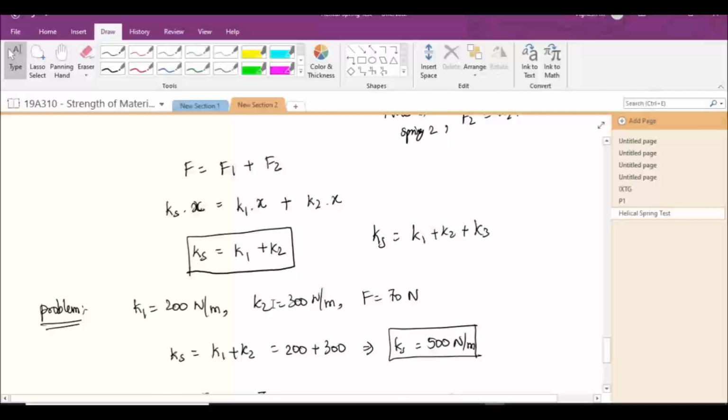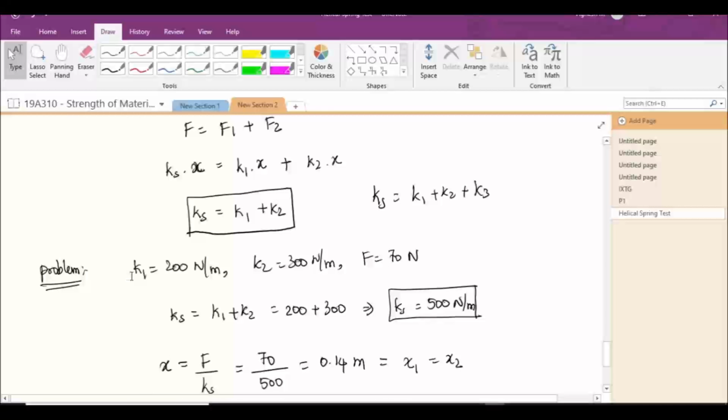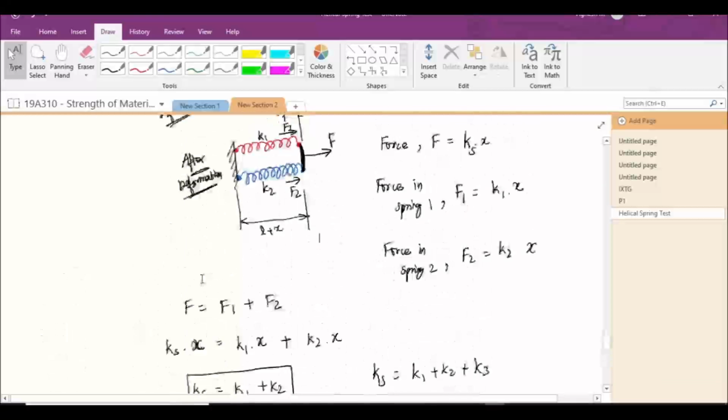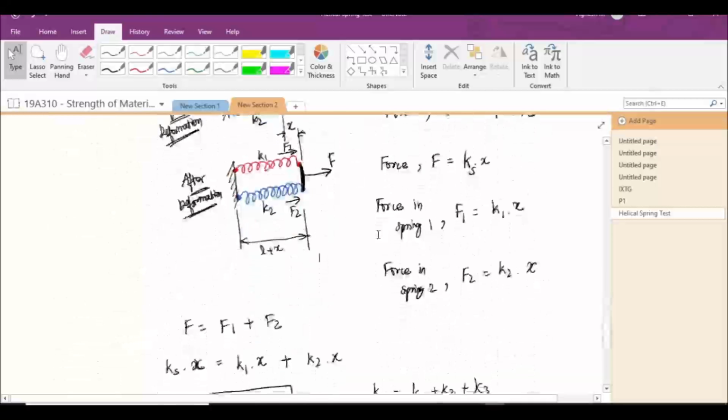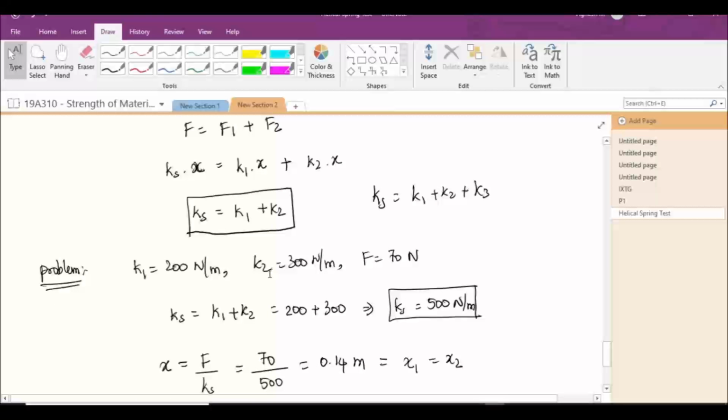So let us find out. I'm taking the same values as in the previous numerical solution. I'm taking two springs: a 200 Newton per meter stiffness spring and a 300 Newton per meter stiffness spring.